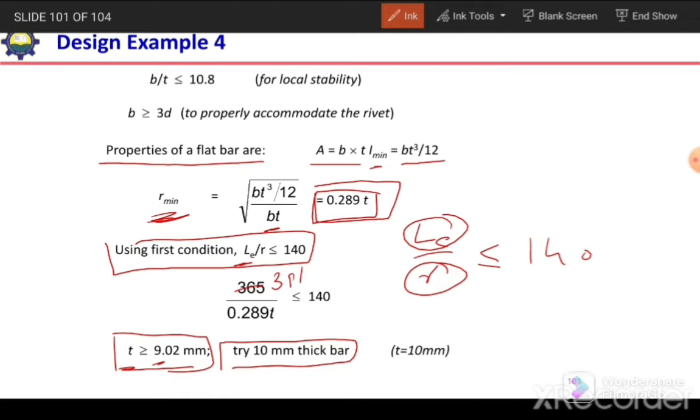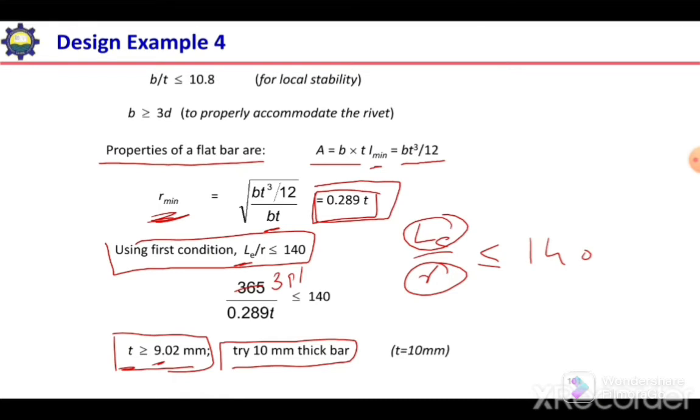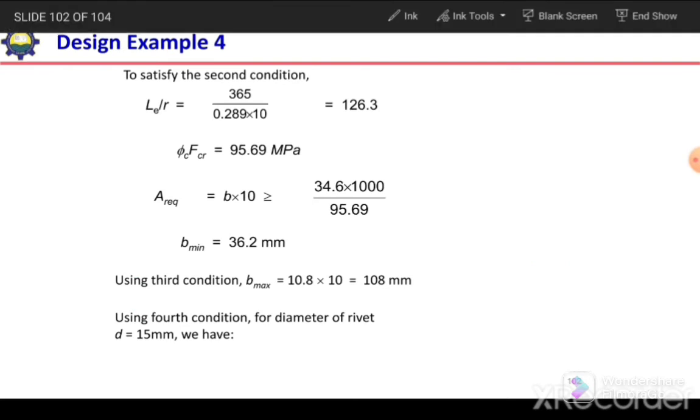So now we have one dimension T. It should be equal to 10 millimeter. Then we need to select the B. To select the B, we can calculate the required area. For that we need this phi Fcr, and for phi Fcr we need the slenderness ratio.